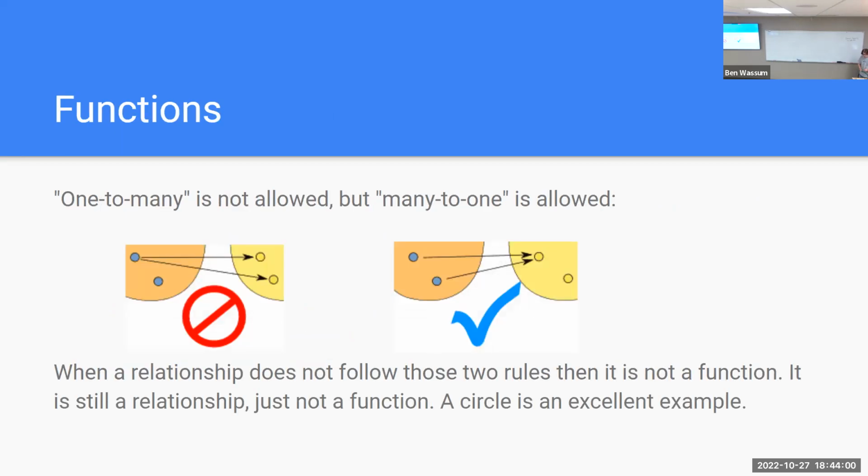So you can kind of see what's happening with the input output thing. One thing in the input has to have one thing in the output, right? So it says here, one to many is not allowed, but many to one is allowed. So what that's telling you is that for outputs, you can have the same output more than once.